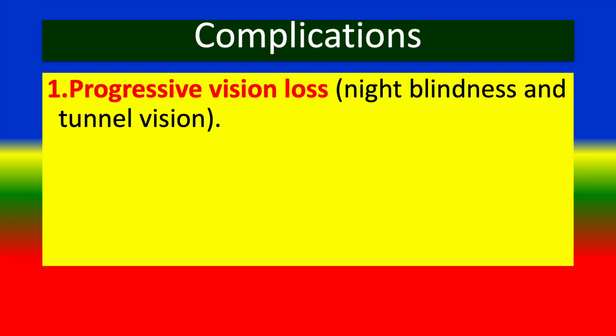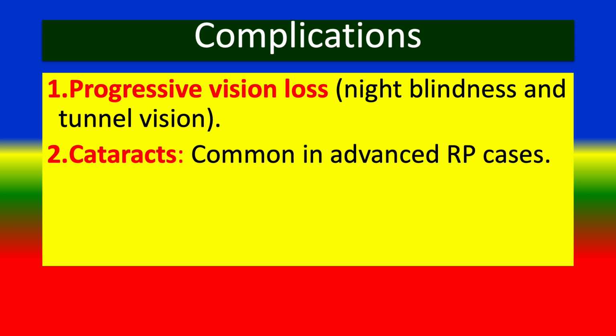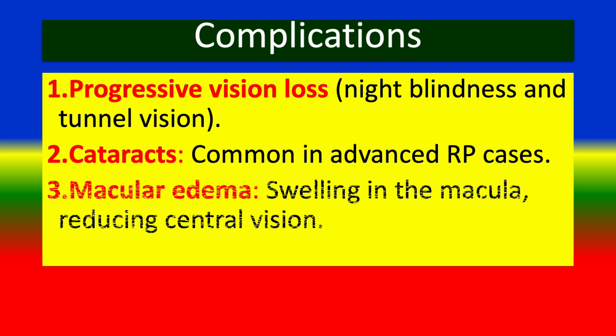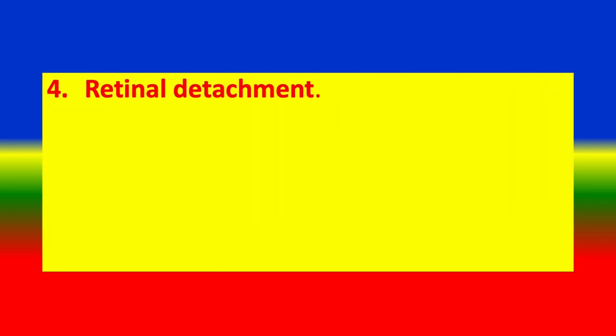Complications. 1. Progressive vision loss, night blindness and tunnel vision. 2. Cataracts, common in advanced RP cases. 3. Macular edema, swelling in the macula, reducing central vision. 4.